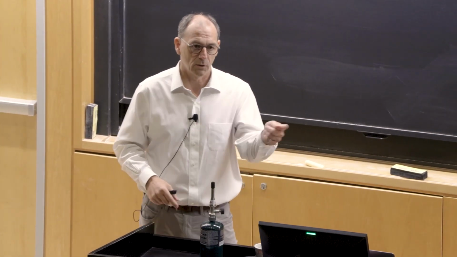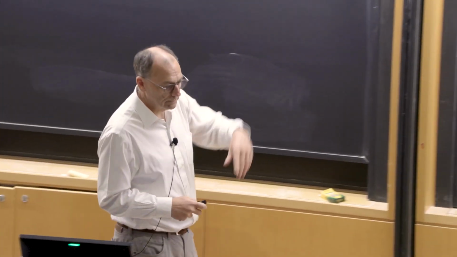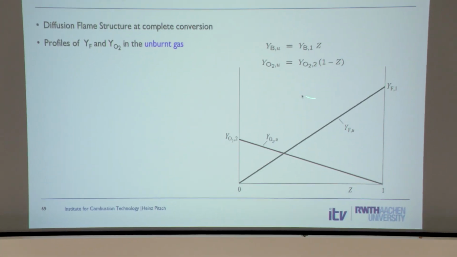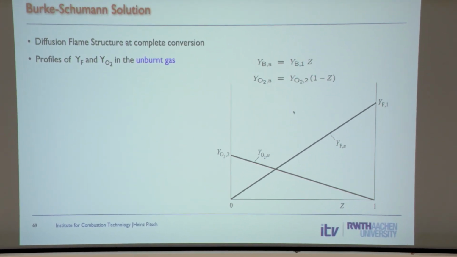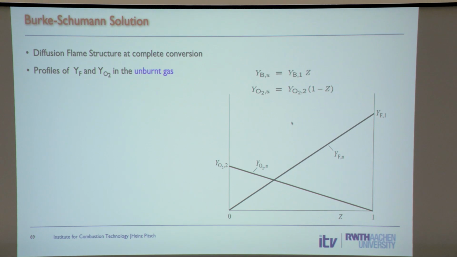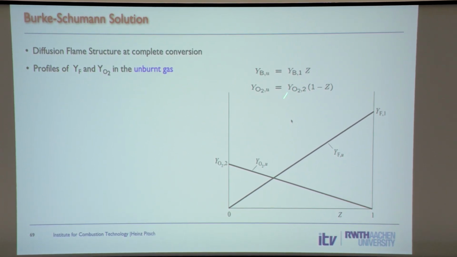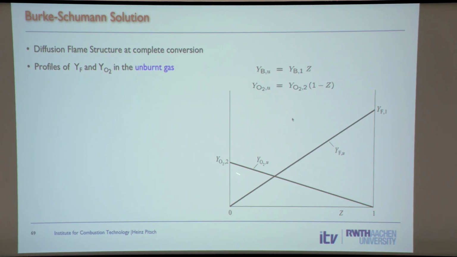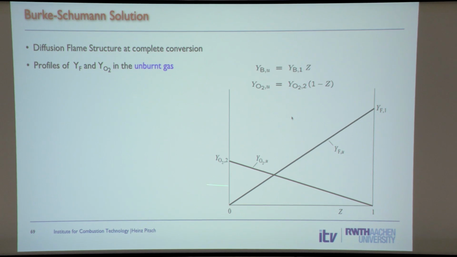Gas is coming out, and I could locally measure oxygen and fuel and mixture fraction, or compute mixture fraction, and the solution looks like this. It's just a linear function of mixture fraction. Oxygen here is pure air, so the mass fraction would be 23%, as in pure air. And here the fuel mass fraction would be 1, in my example, but it could also be something else, okay?